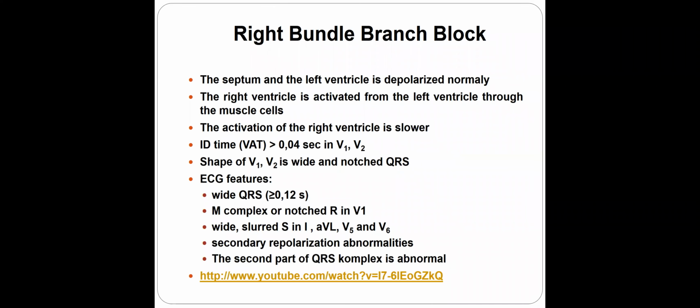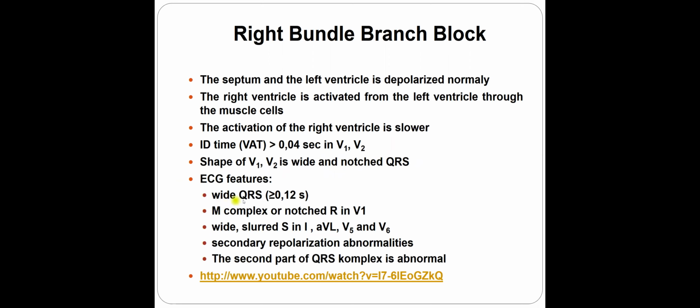Now, this is a summary of what we already said. The septal activation is normal, and the left side activation is normal. Only the right ventricle is activated through the left ventricle, and the shape of the QRS is notched in V1 or V2.